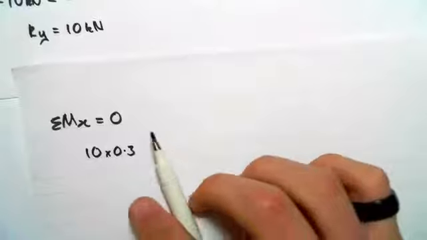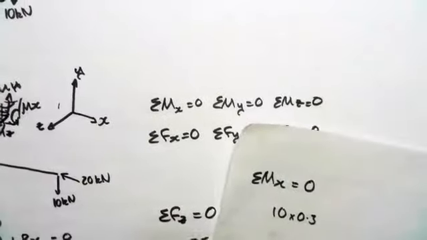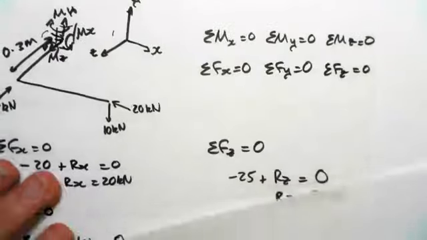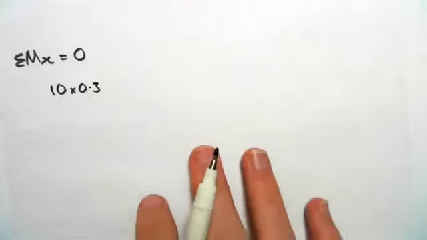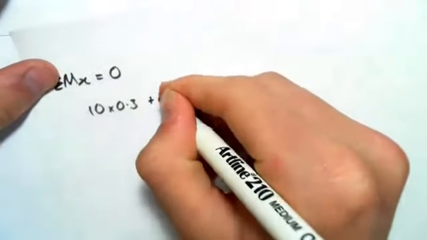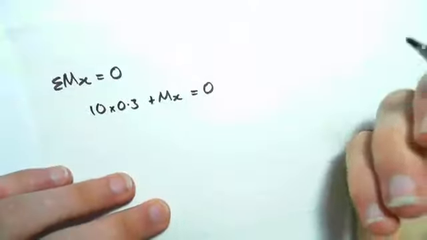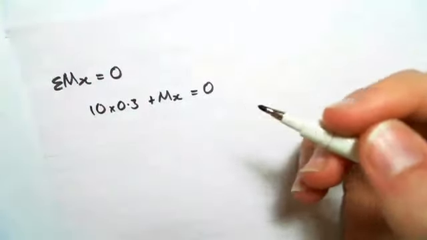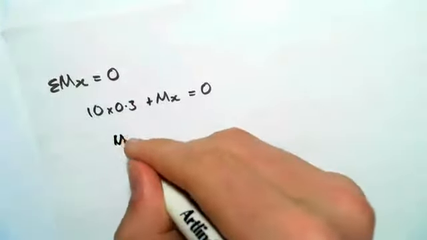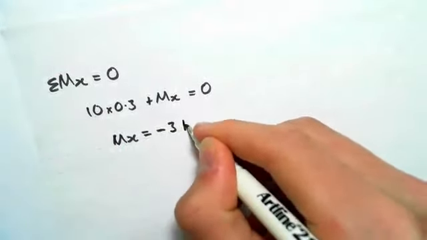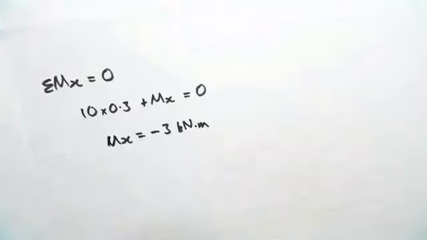That's in the positive direction, since using our right hand grip rule it's curling around that way. So we get plus Mx, the reaction moment, equals 0, and Mx equals negative 3 kilonewton meters.